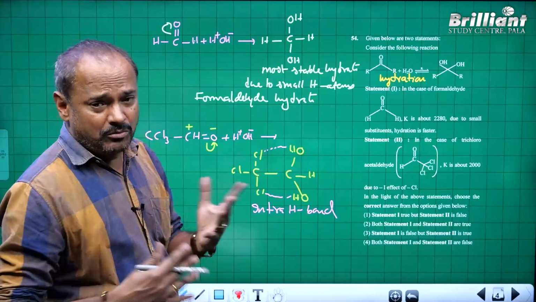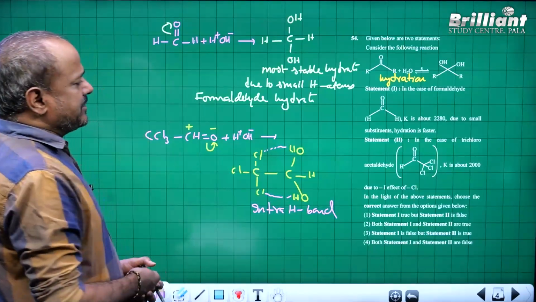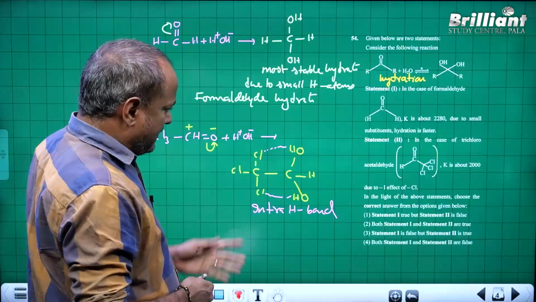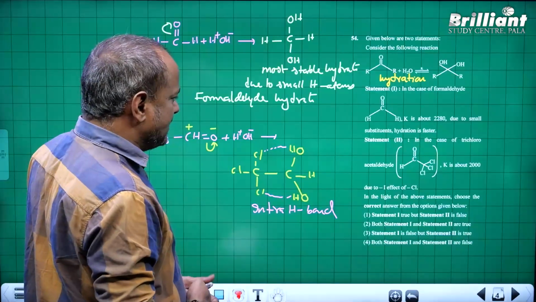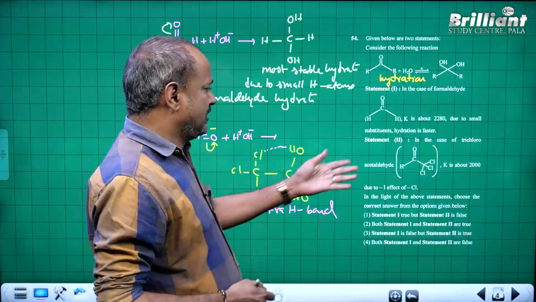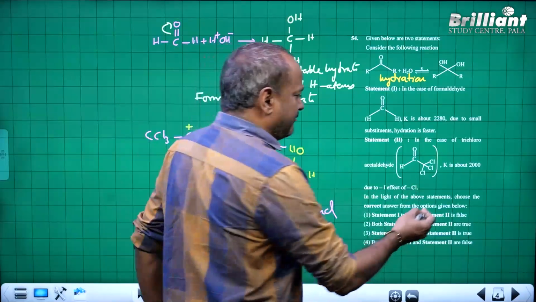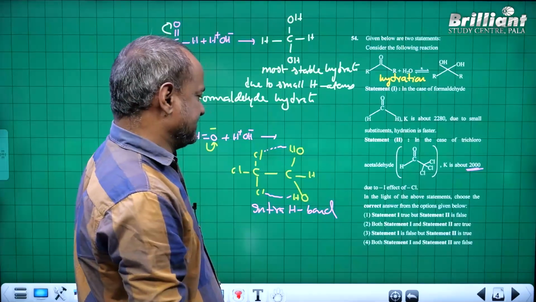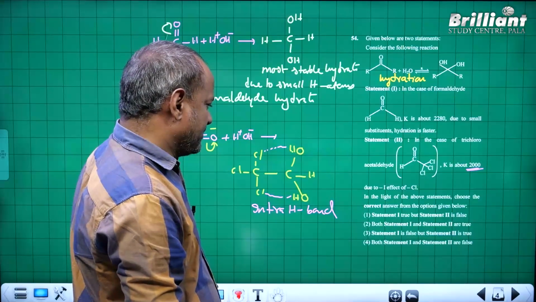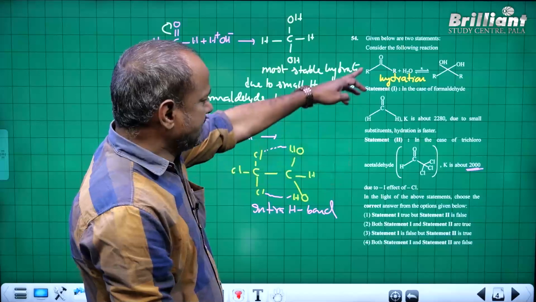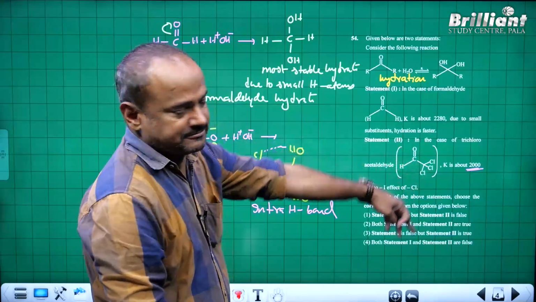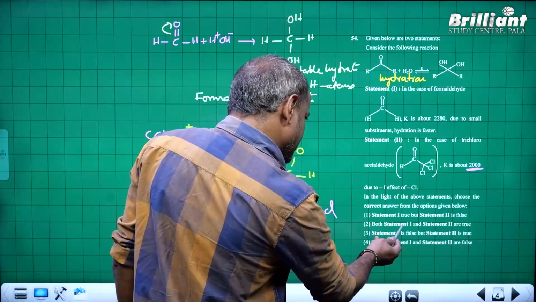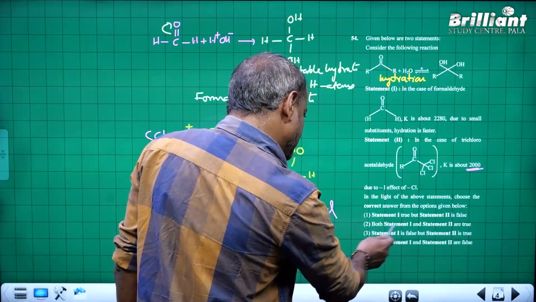This carbon becomes most positive, that is why nucleophilic addition of the water molecule takes place to form a stable hydrate. So this statement is also correct, because one of the reasons is given here, and the value given, 2000 times, stability increases. That is why this is most stable, correct. 2280 is about 2000, correct. Both statements are correct. Both true, 1 and 2 are true.